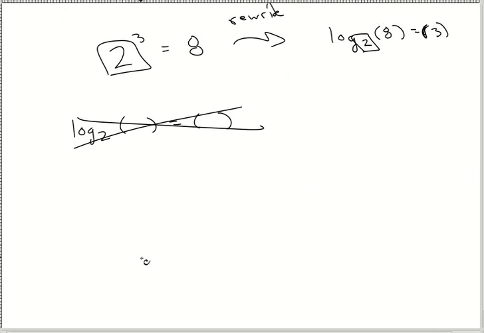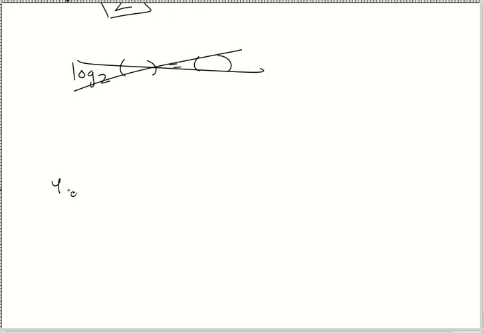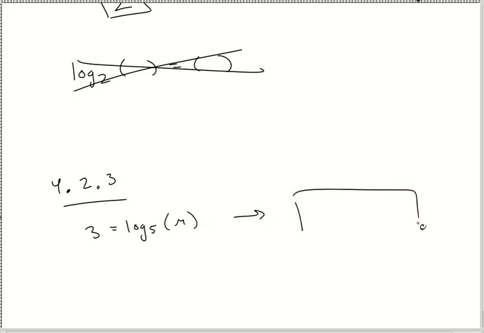Let's keep going. That's how you convert back and forth. 4.2, number 3. I got 3 is equal to log base 5 of m, and they say rewrite in exponential form. This should be pretty easy. We got our base, and then these 2 positions.